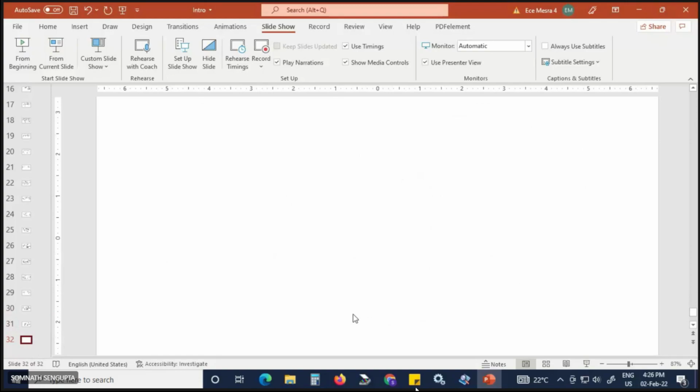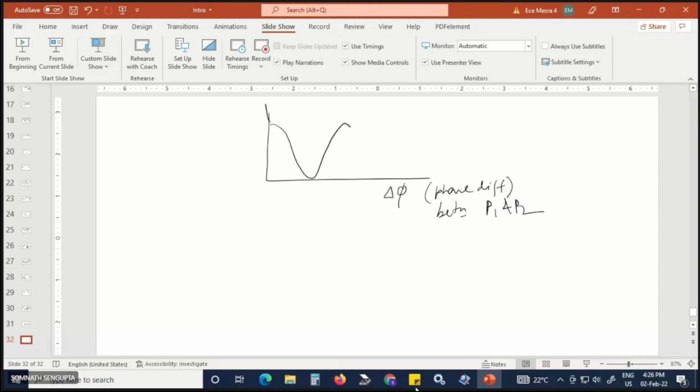So that means if you plot the phase difference delta phi between the two lights, between P1 and P2, then depending on the phase difference, the light coming out of the fiber end or waveguide end will be either high or low.